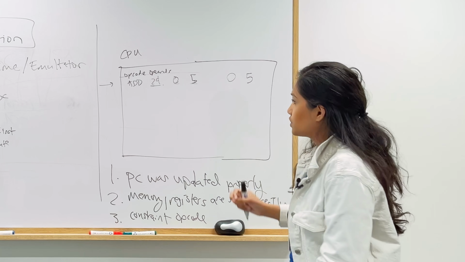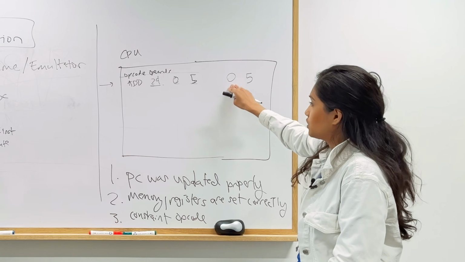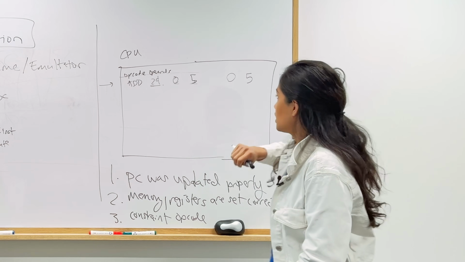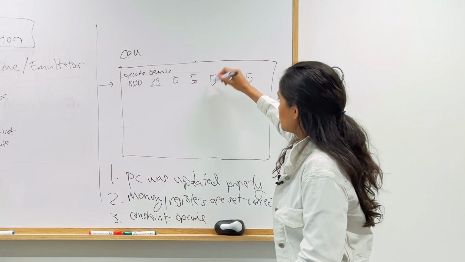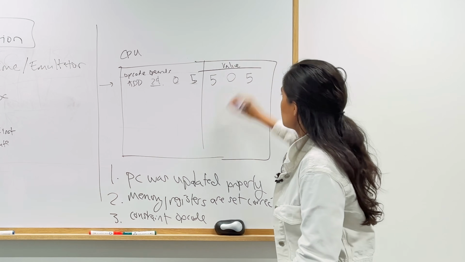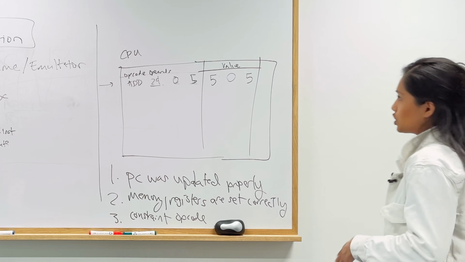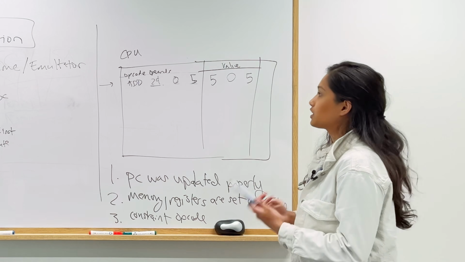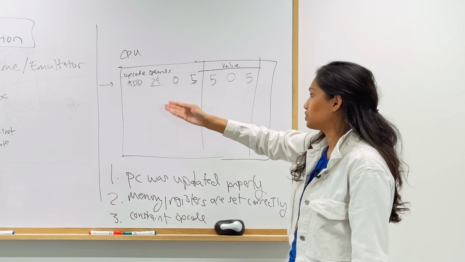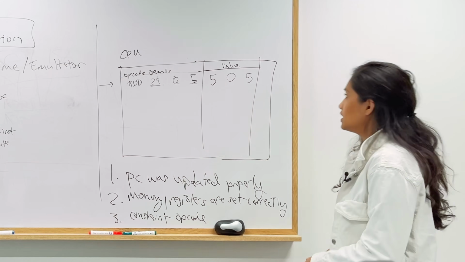After you add the value in x0 and the constant 5, x29, register 29, should be set to 5. If you look at these values, we do a memory argument to show that, or we have to constrain that after you run this instruction, the 29th register has a value of 5.